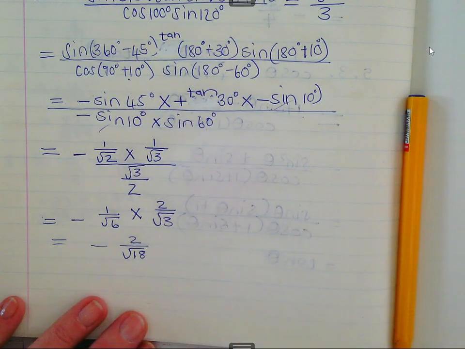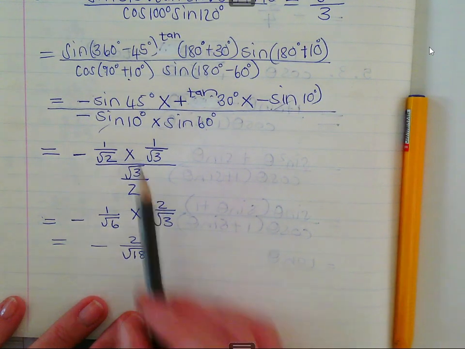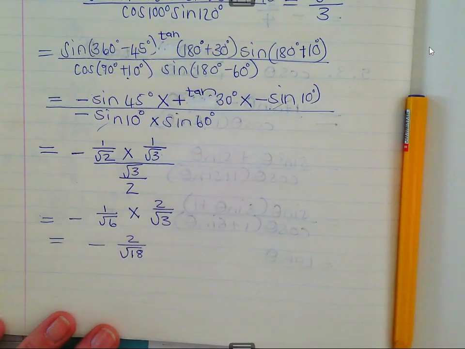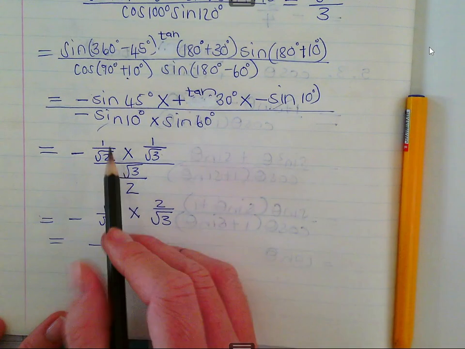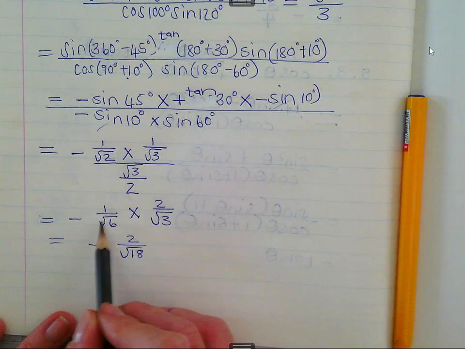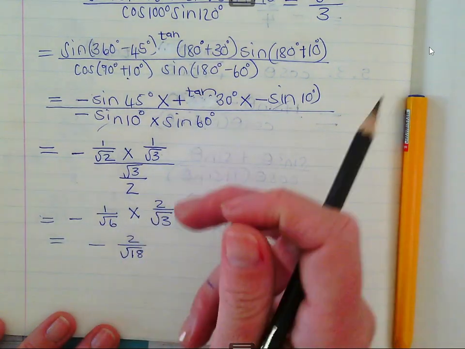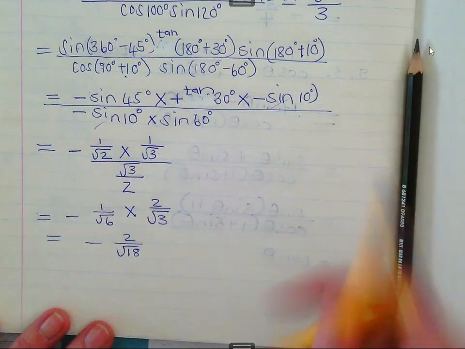Tan 30, that's root 3 over 3, that's the same there. Those ones cancel out. Sin 60 is root 3 over 2. Okay, so that gives me 1 over root 6, times, and this one swaps around, it's 2 over root 3. So 2 over root 18.